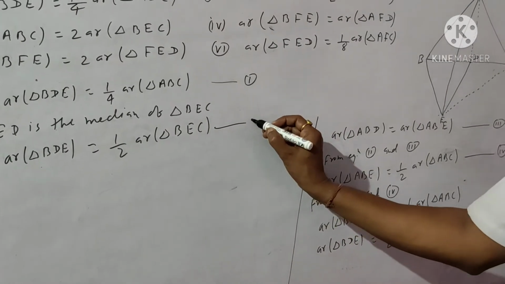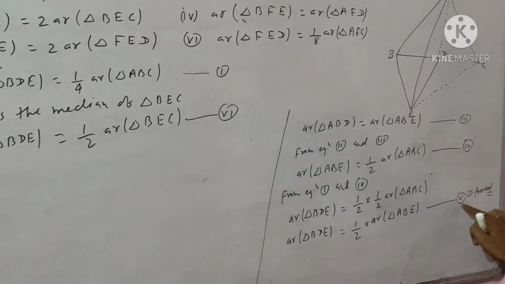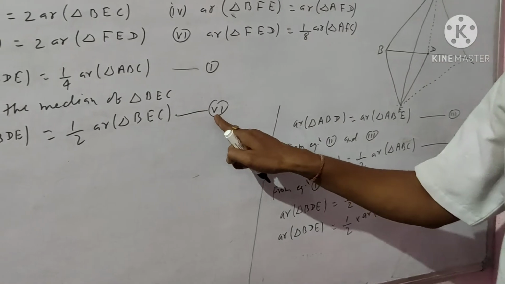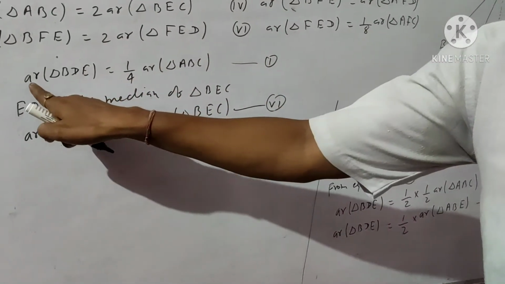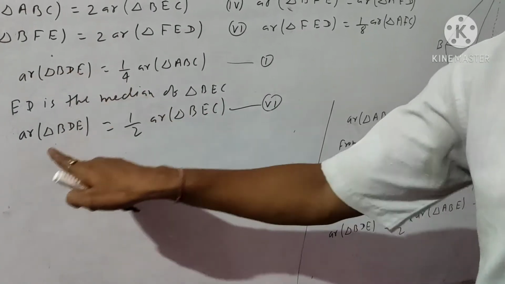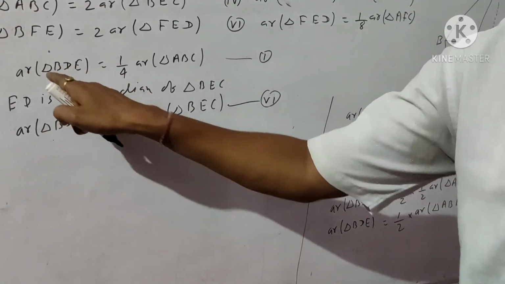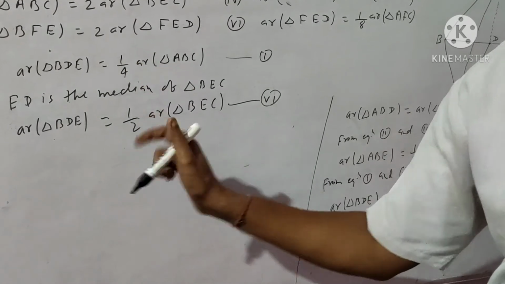This is equation 6. Here equation 5, student. So this is equation 6, and equation 1 we know. So area of triangle BDE and area of triangle BDE both are the same. That means this value is equal to this value.